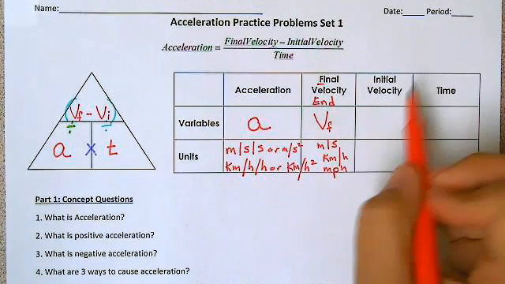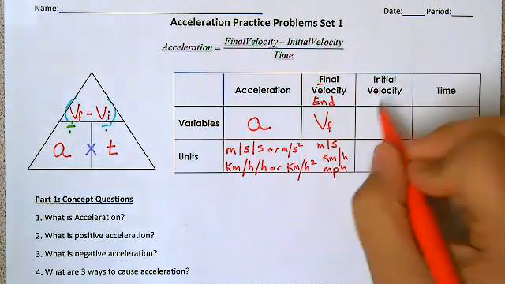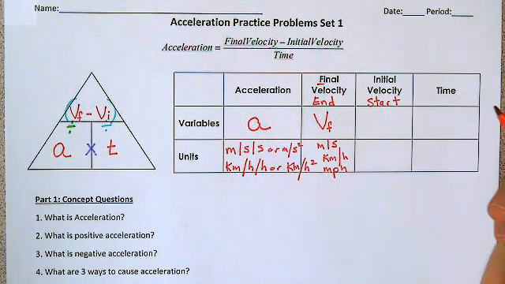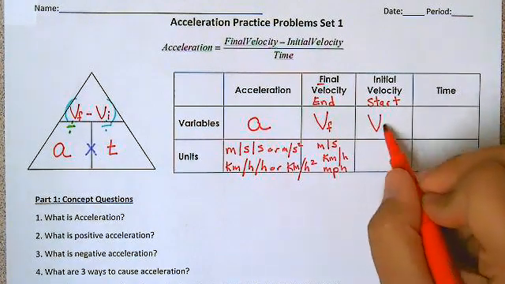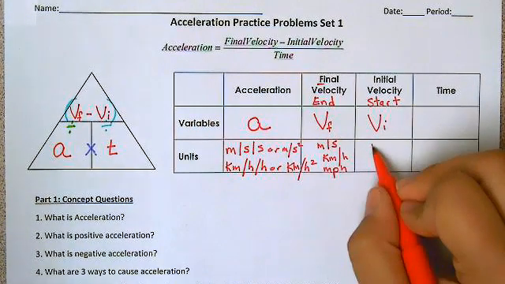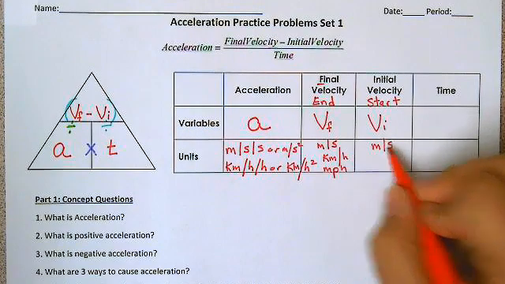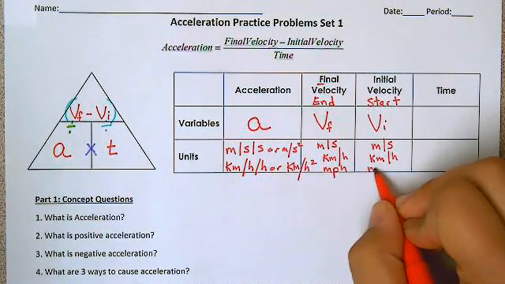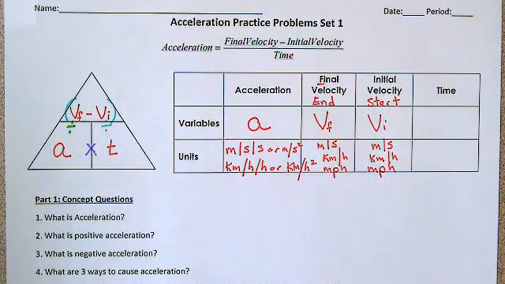The initial velocity, initial means the start or the beginning velocity. So how fast is it going at the beginning of the word problem? This is represented by the VI. And again, it's the exact same as the final: meters per second, kilometers per hour, miles per hour.